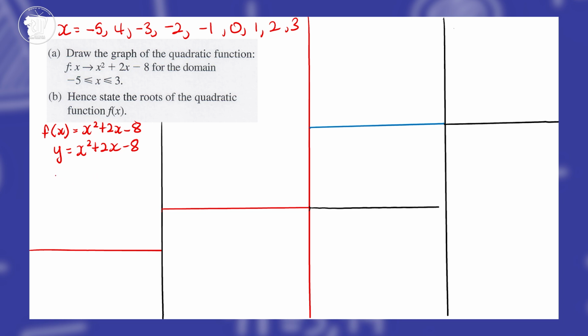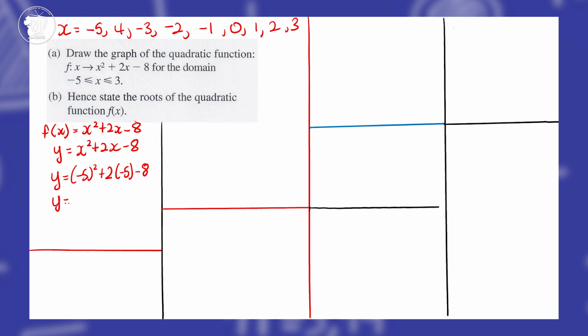So let's start off with negative 5. Instead of x squared, we'll have negative 5 squared plus 2 times x, which is negative 5, minus 8.